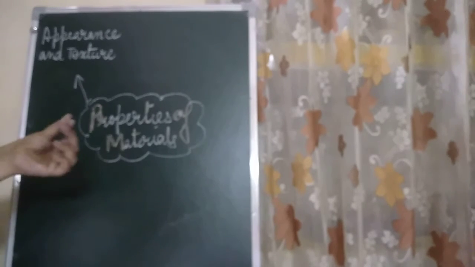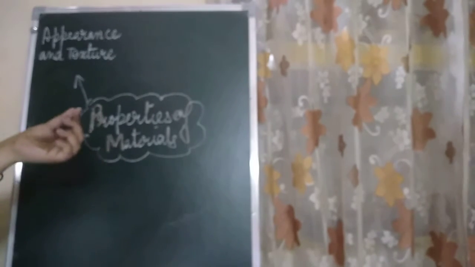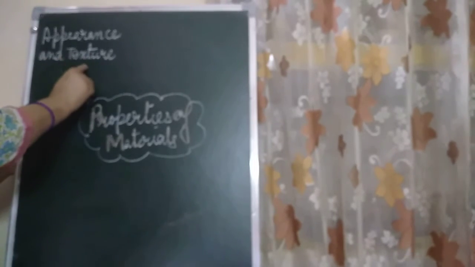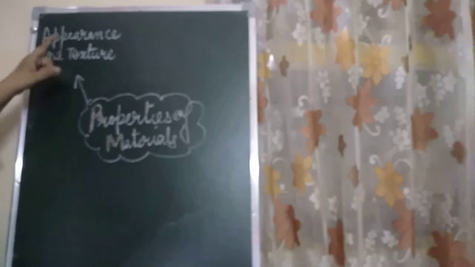How do you come to know? You come to know by feeling it, children. And by appearance, when you look at the thing, you come to know the difference between the two.